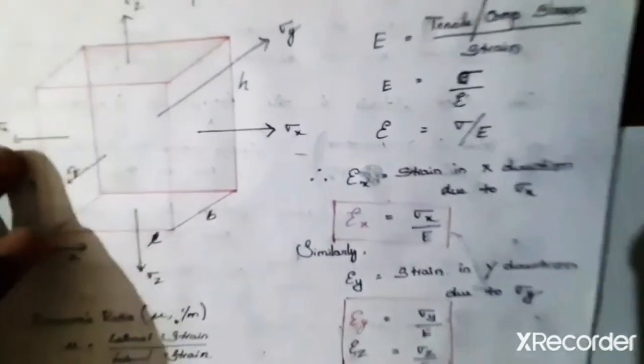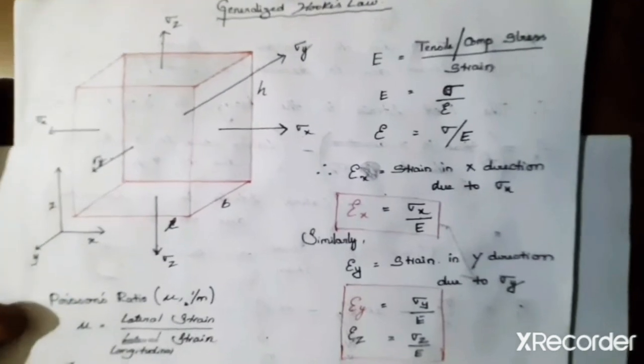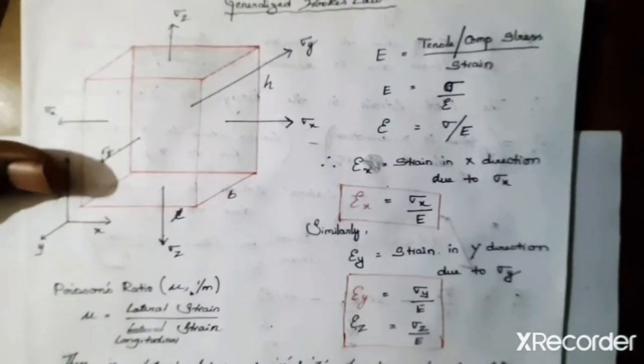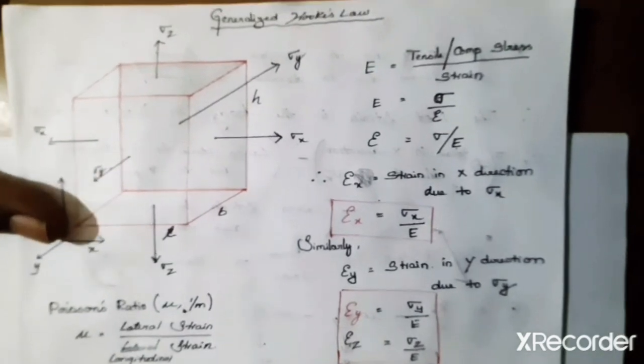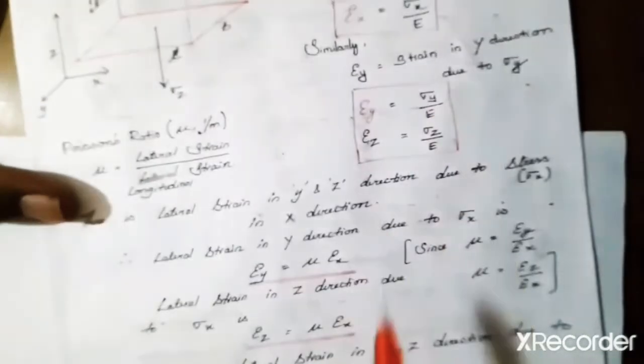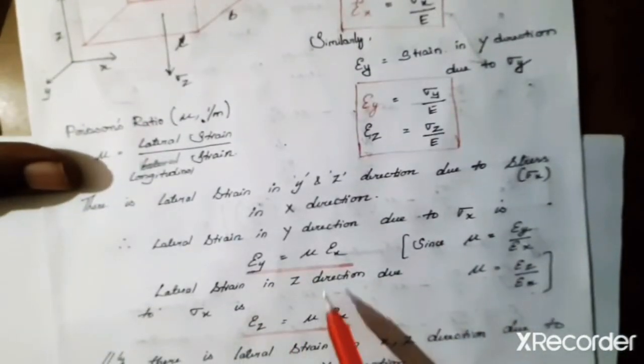Okay, so now what I am trying to write is the net strain in each direction, because this is the longitudinal strain in x direction, but there are two lateral strains also in x direction.